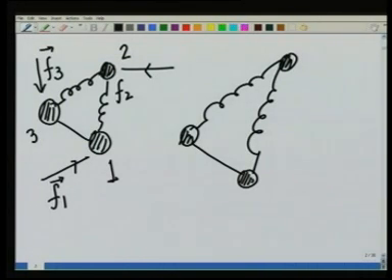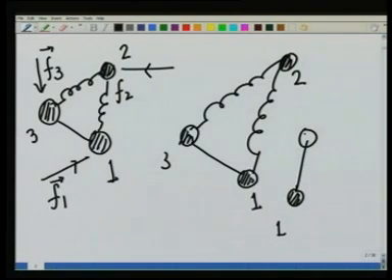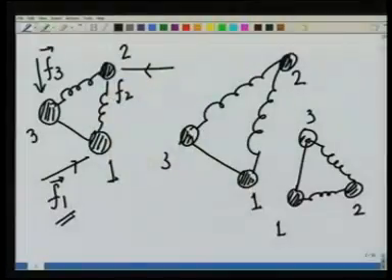Further, it could have changed its orientation, that is, if this is particle 1, 2 and 3, other situation I could have is maybe particle 1 is here, particle 3 is here, and this is particle 2. In other words, under the influence of these forces F1, F2 and F3, the body could deform, that is, the distance between the particles could change and it could change its orientation.